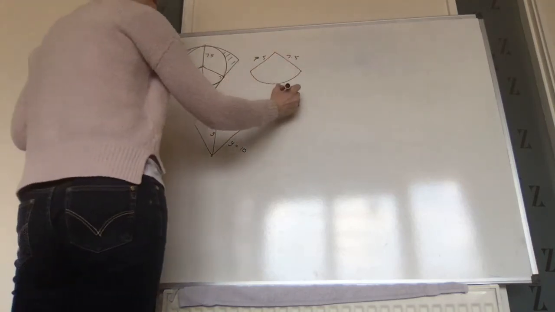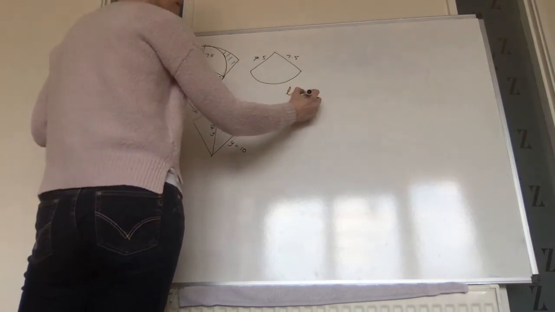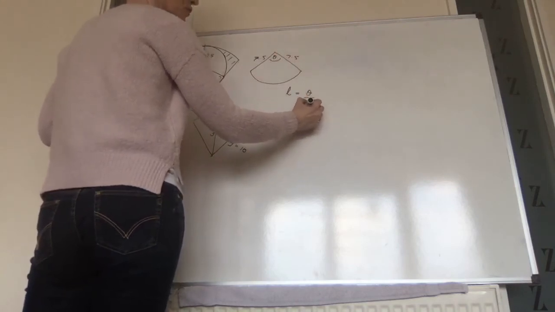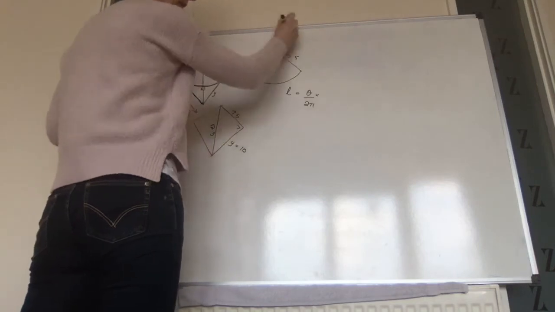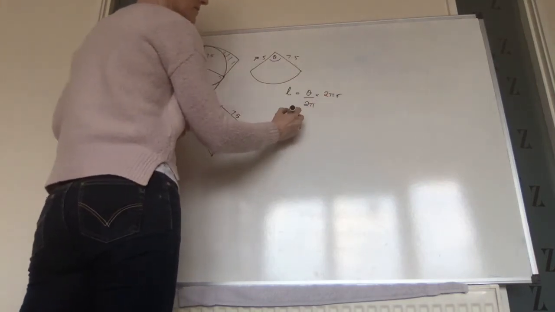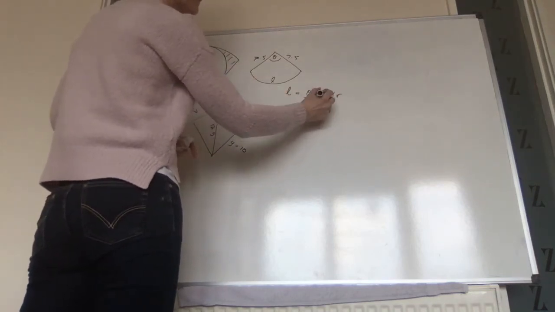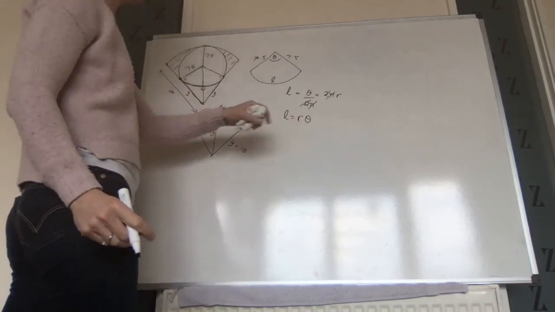So remember, the length of an arc of a circle is whatever fraction the angle is out of 2 pi, in the case of it being radians, times the full length around a full circle, which is 2 pi r. So the length L here is r theta, where theta is in radians.